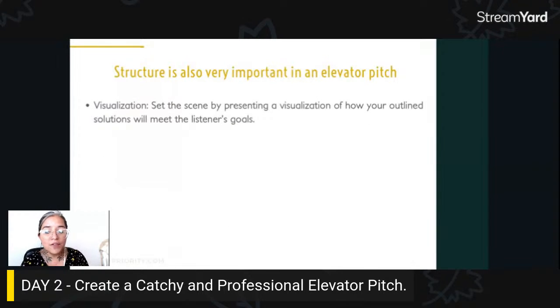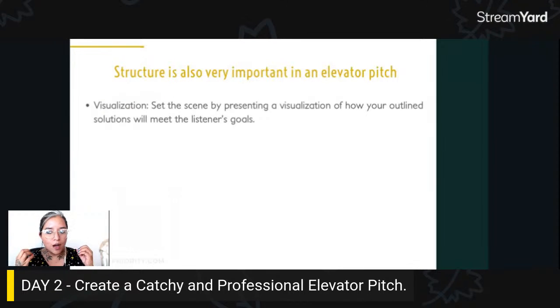And then we have visualization. So obviously, you don't have to include everything in just one elevator pitch, but it's just to create the setting, okay? So visualization, you set the scene by presenting a visualization of how your outlined solution will meet the listener's goals.